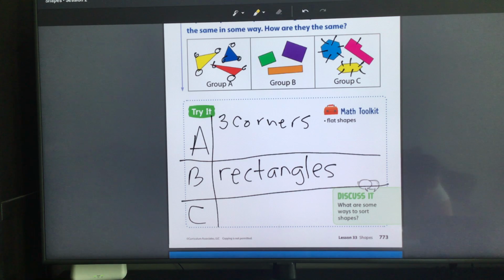That's a little side right here. I'm going to use the mouse to draw my line. I hope it works. That's 1. So I'm 1, 2, 3, 4, 5, 6. So the blue has 6, the pink has 6, and the yellow has 6. So in group C, all of those shapes have 6 sides.